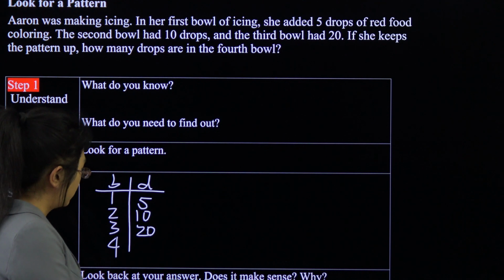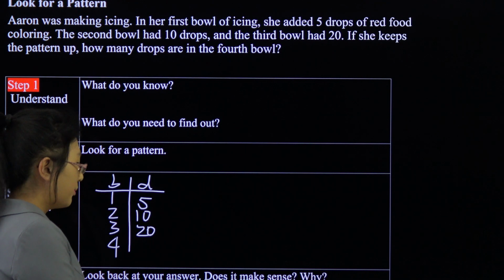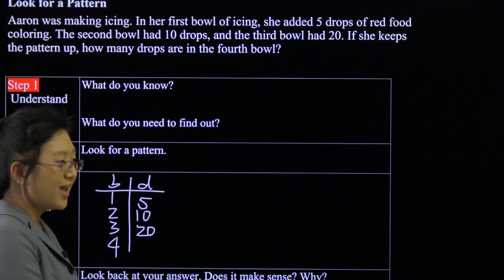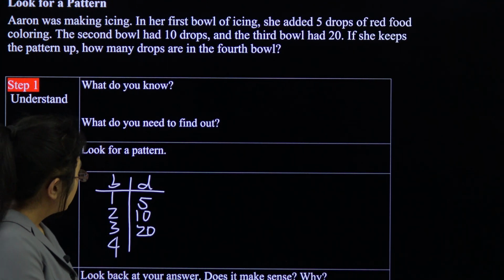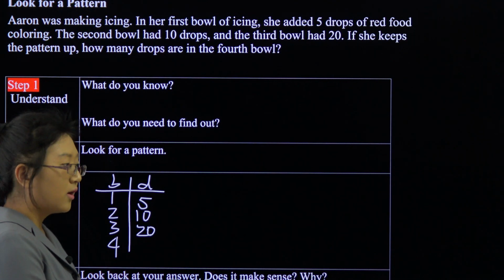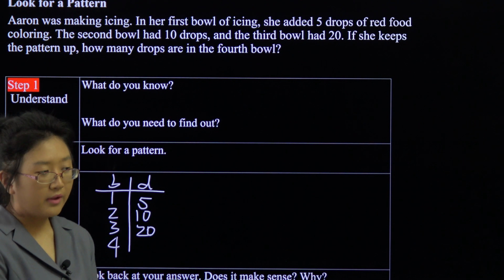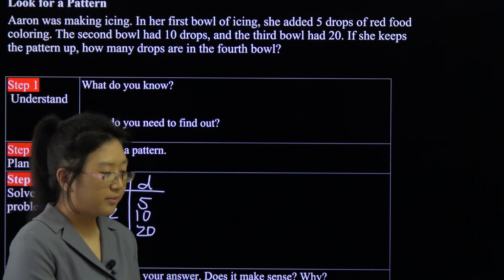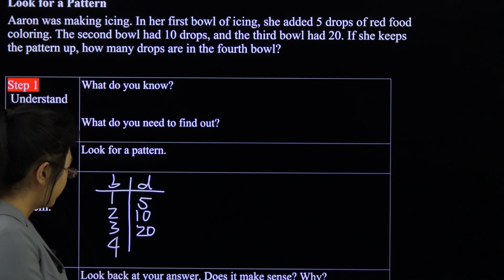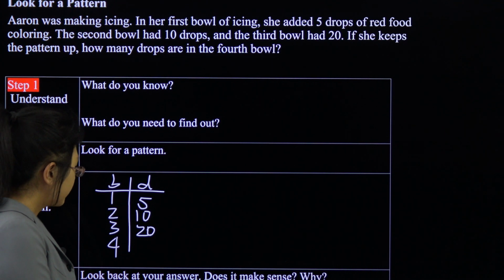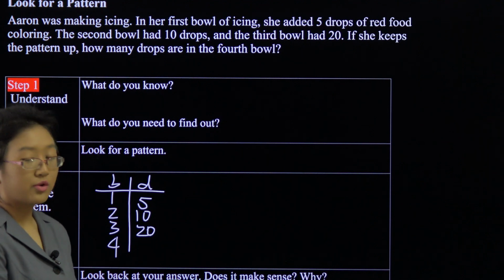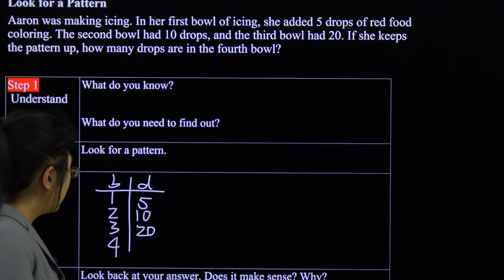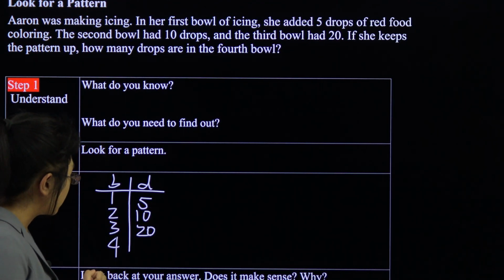That could be the pattern rule. So we move on to the next one. 2 and 10. 2 plus 4 is not equal to 10. So that's not the pattern rule, but 2 times 5 is equal to 10. 3 times 5 is not equal to 20. Therefore, it's less of an input-output thing here.